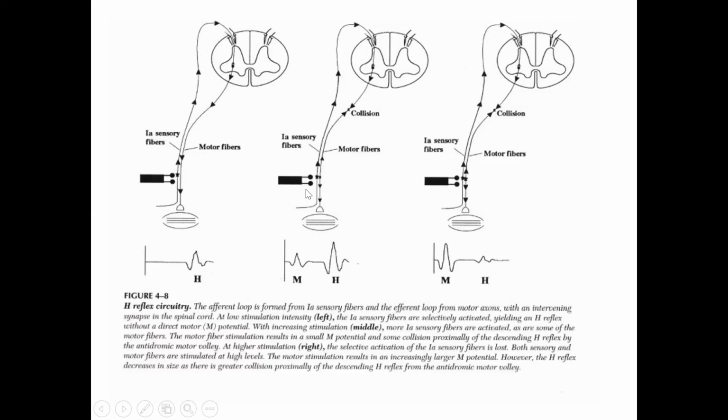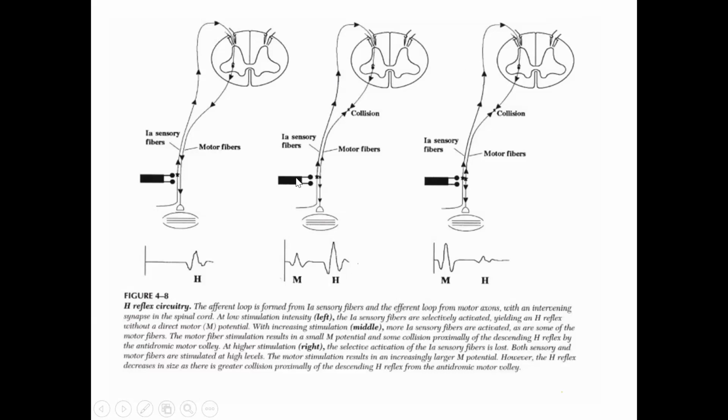Then what happens when stimulation is increased? Both sensory and motor fibers are stimulated. Yeah, correct. So when you go on increasing the stimulation, the current is now higher. Okay. But there is another stimulation that is happening, direct from here to here. Correct? Yes, ma'am.